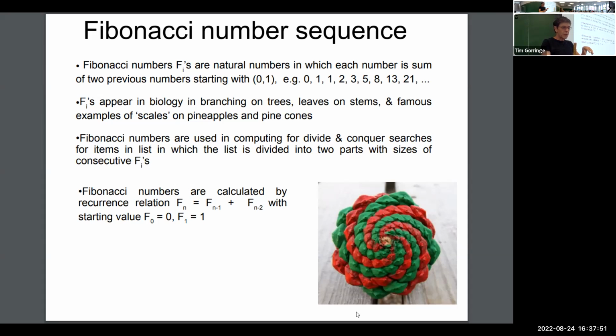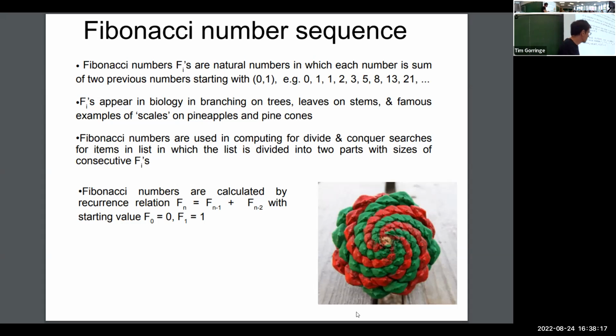The most famous examples are, if you ever look at a pine cone, or get yourself a pineapple from Kroger's, then the pattern of the blades on the pine cone or the pineapple, I don't know what those things are really called, but anyway, they spiral around the pineapple, or spiral around the pine cone.